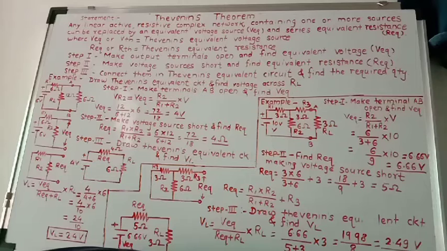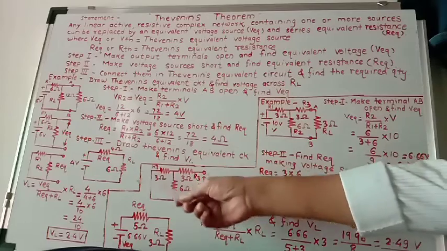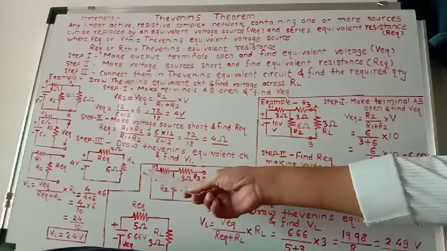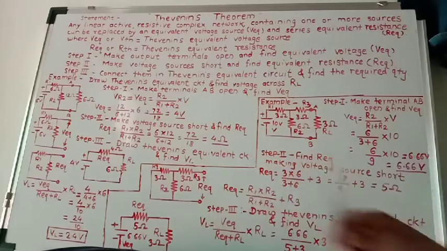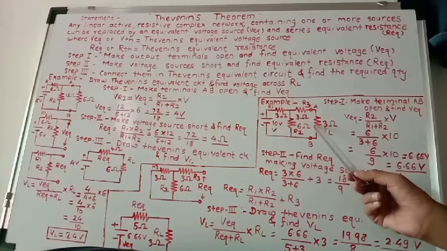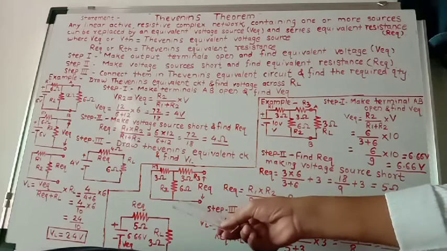Now second step, we have to find out R equivalent or RTH. To find Thevenin's equivalent resistance, we have to make the voltage source short, and also we have to disconnect RL. So the circuit becomes like this.